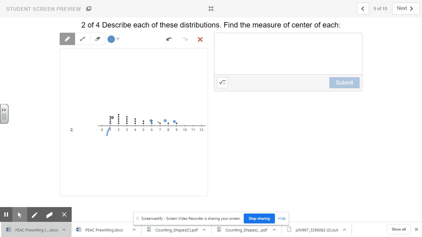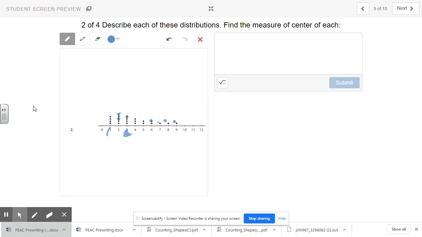So 1, 2, 3, 4, 1, 2, 3, 4, and then there's 1 there. And then I've got 1, 2, and then 1, 2, 3. I think it's going to balance right around here. So if I had a ruler, I would try that and I'd say, yep, I think it's going to balance right there. So that's my mean. I'm also counting in for my median, where I think it will balance.